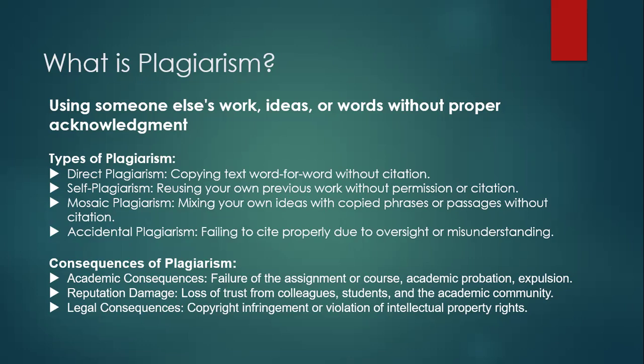And the university does not like that. There are consequences for that. Direct plagiarism, which we're pretty much familiar with, is copying text word for word without citation. These are types of plagiarism.